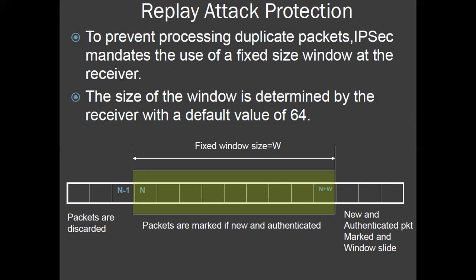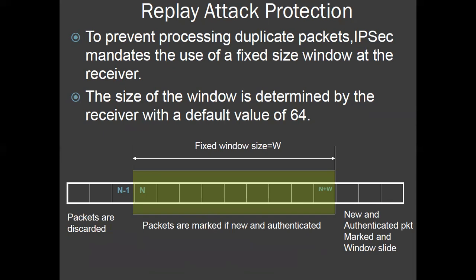The shaded packets signify received packets that have been checked and authenticated. Here you can see the packets from N to N plus W. These packets are marked and they are authenticated packets. There are three cases here.